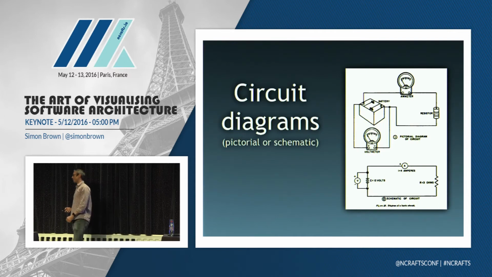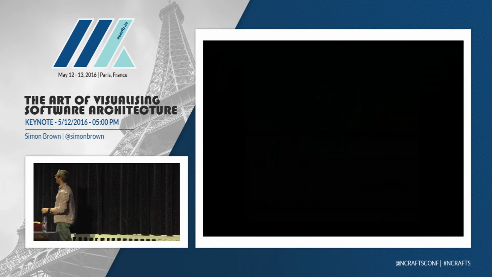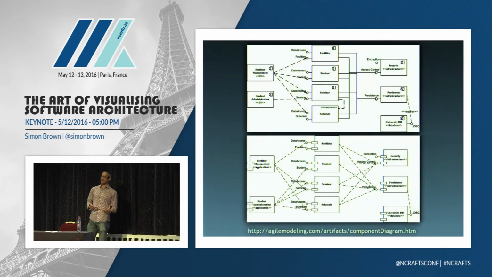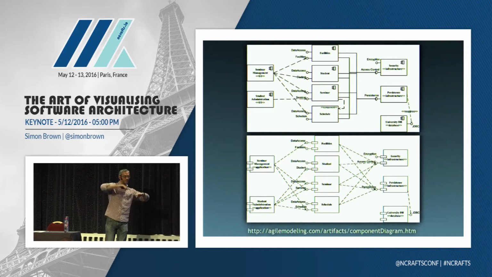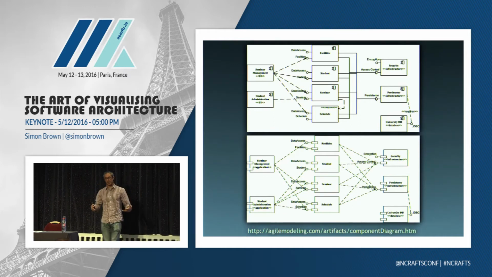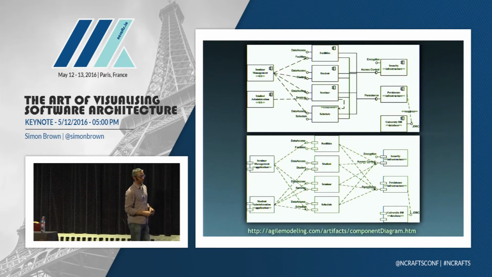Now it's going to get super hard. We're ramping up the complexity massively. What on earth are these? So these are two component diagrams in UML, different versions of UML but showing the same things. Each of the boxes is a component.